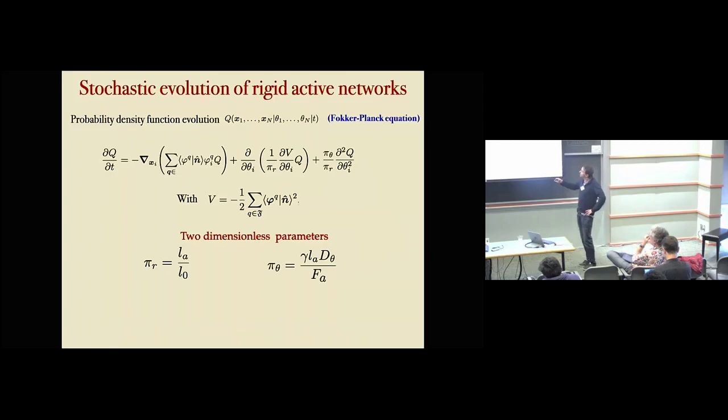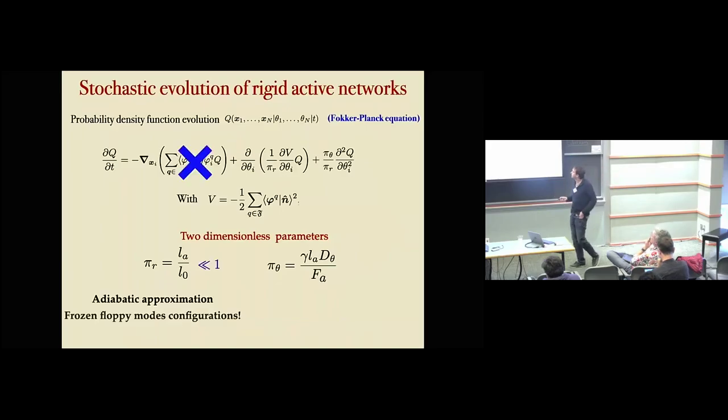And the other one, which I'm more interested in, is P_R, the ratio between the alignment length and the distance between bonds. This dimensionless parameter tells us, if we think in terms of time scale, the separation of time scales between the system aligning its polar active polarity, or the polar angle, with the velocity, compared to the time that these floppy modes are being deformed or the system is evolving.